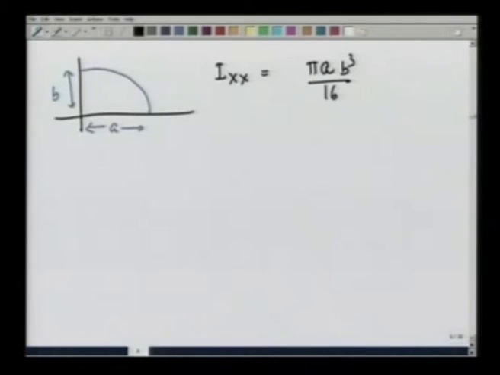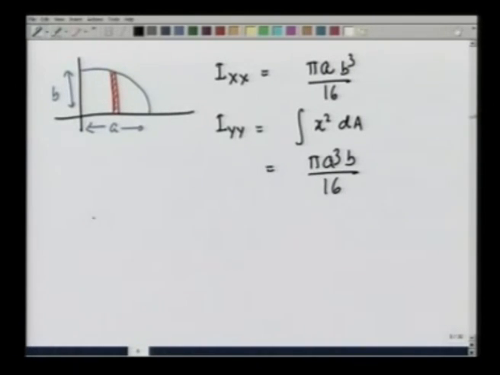Similarly, I can calculate Iyy, which is the integral of x square dA, where now I'm going to choose a strip parallel to the y-axis. The integral is very similar to what we just did, and this will come out to be pi a cubed b over 16.